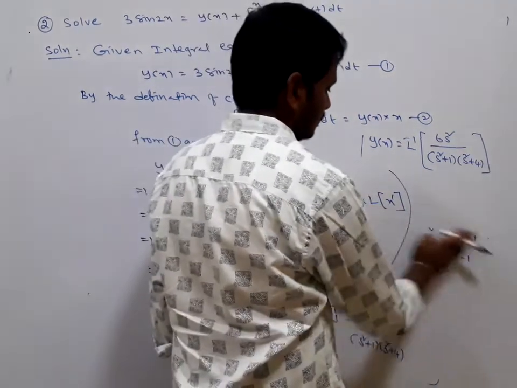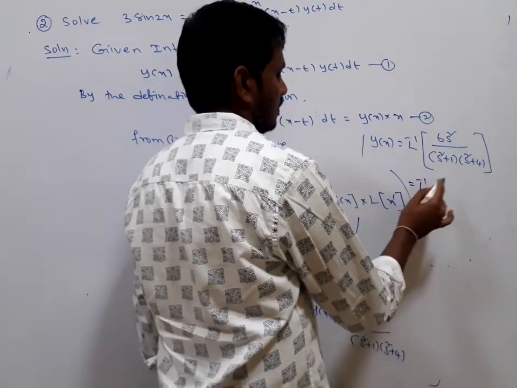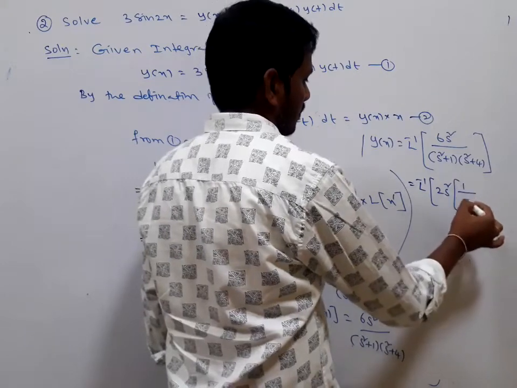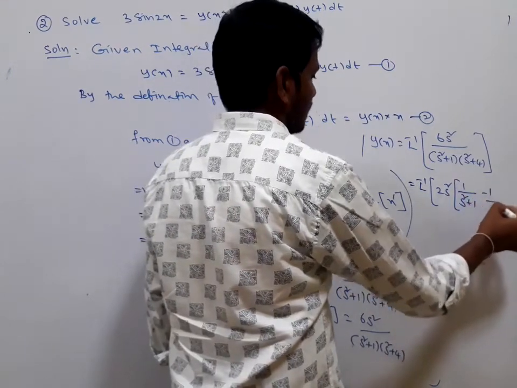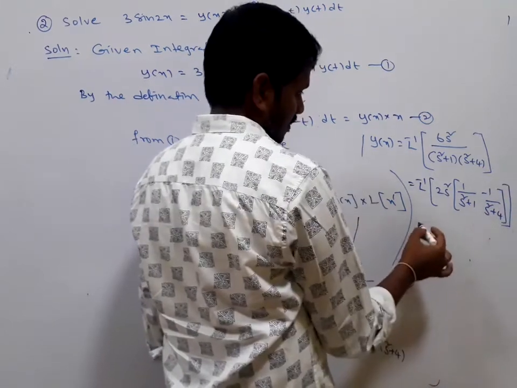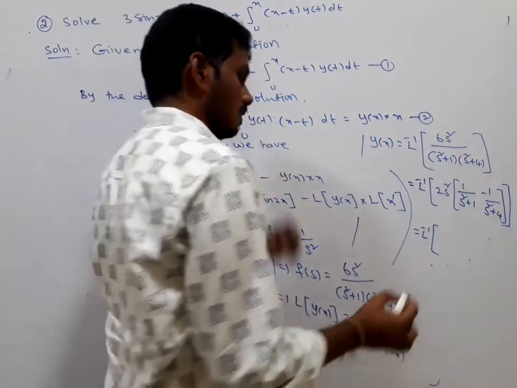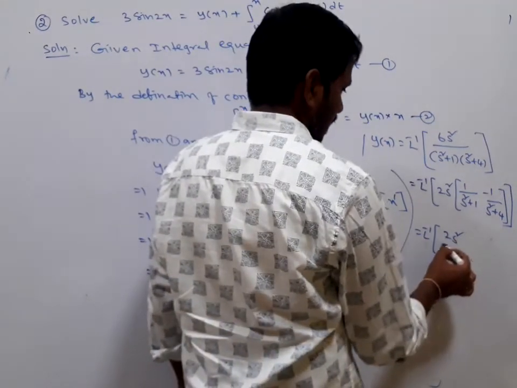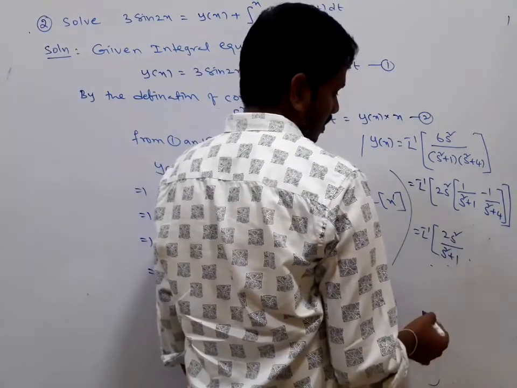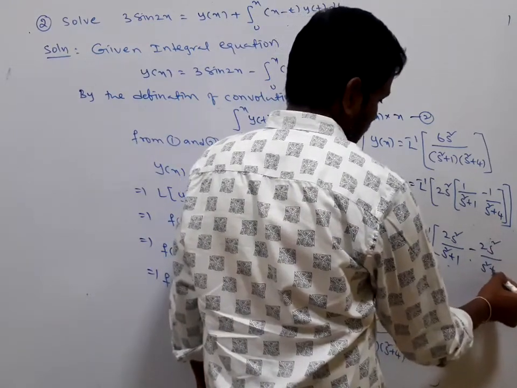Before writing, L inverse of 2s square of 1 by s square plus 1 minus 1 by s square plus 4, which is L inverse of 2s square by s square plus 1 minus 2s square by s square plus 4.